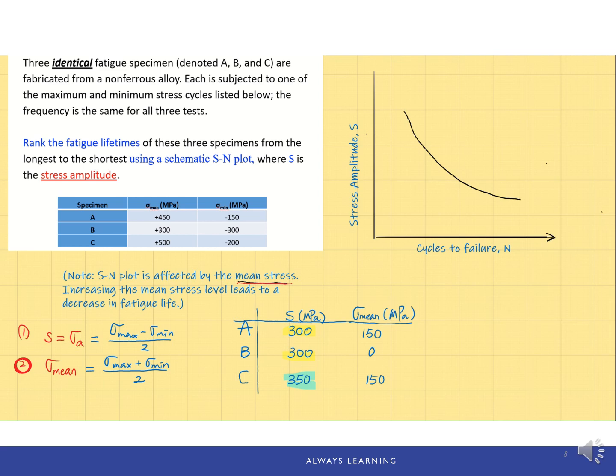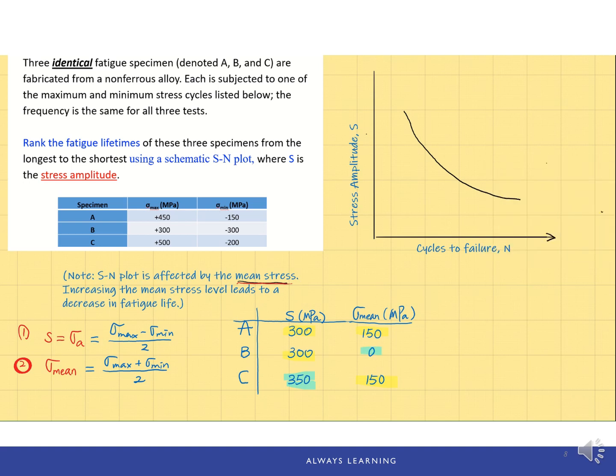For the mean stresses, specimens A and C have the same mean stress, which is 150, while for sample B the mean stress is 0.